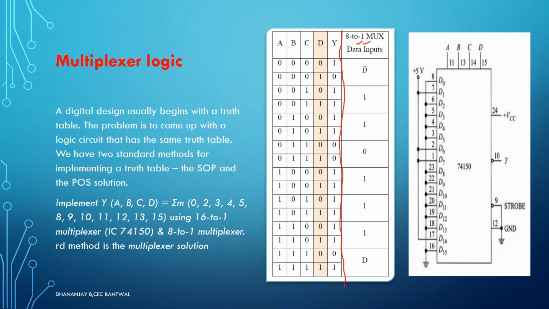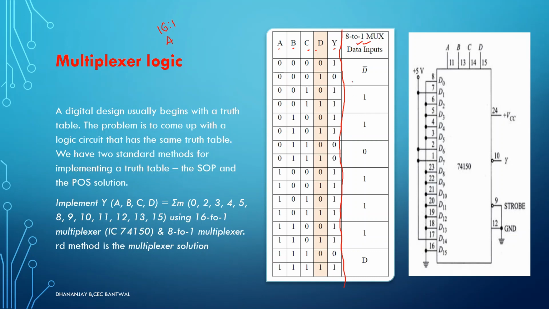So 16 is to 1 mux. How many selector inputs? 4 selector inputs: 1, 2, 3, 4. How many outputs? 1 output. Based on the values of your selector inputs, your outputs will be selected. So basically this may be your I0, I1, I2, I3 and I15.